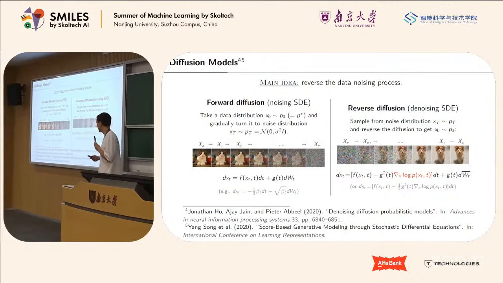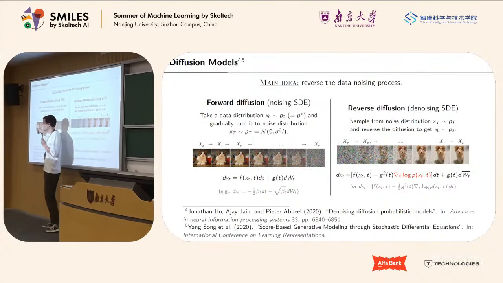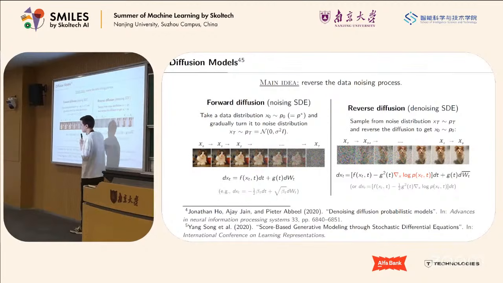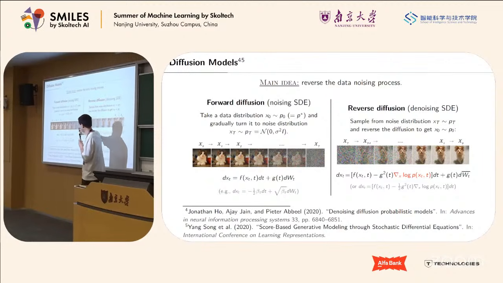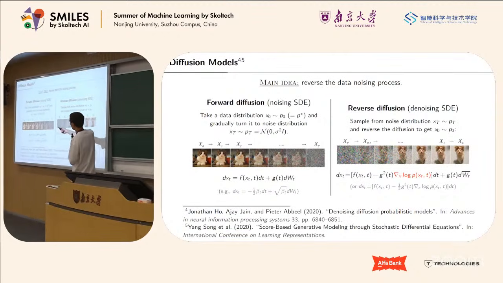The main point is, I want to sample from this complex distribution, but I can't do it because it's just too complex. I have only data. But I can sample from noise, and if I'm able to revert this noising process, basically reverse this data destruction process, then I'm capable of sampling from my true data distribution.